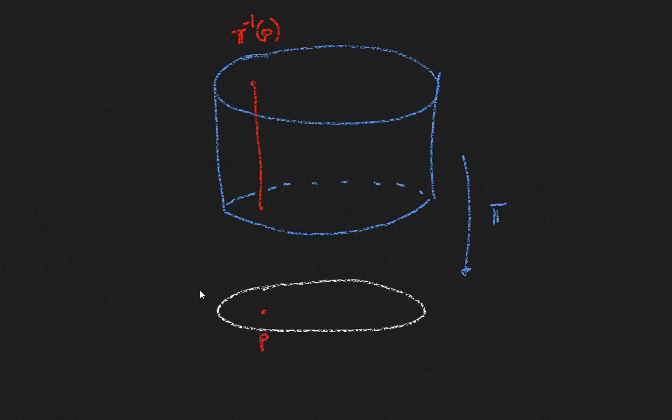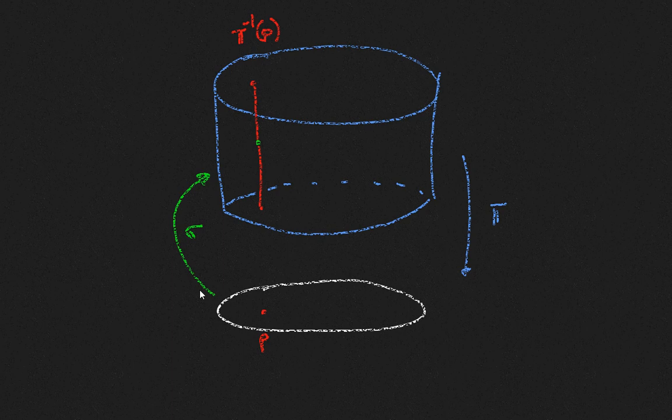What is a section? A section is a map from here to here, sigma, which chooses for every point of the base one point in the preimage.